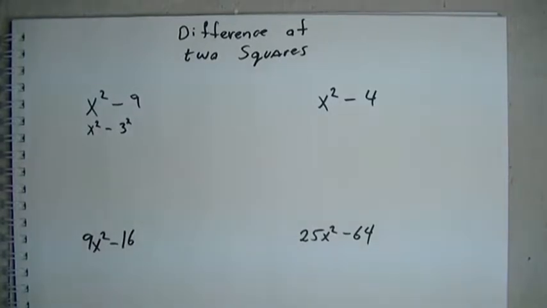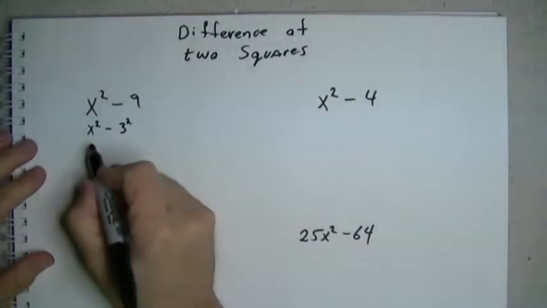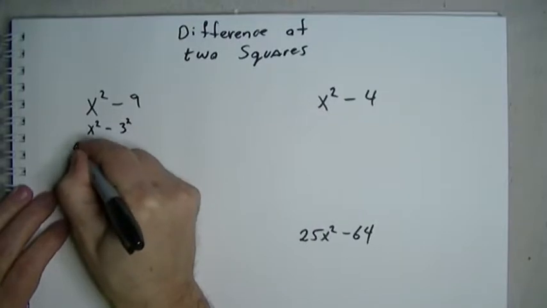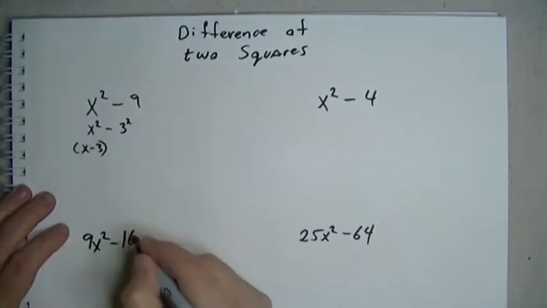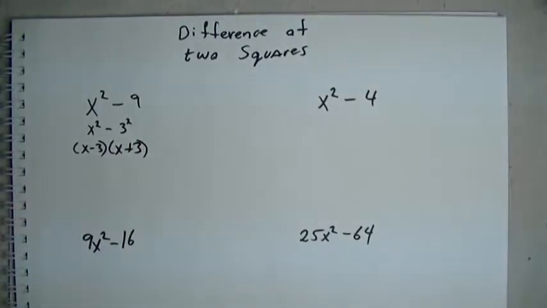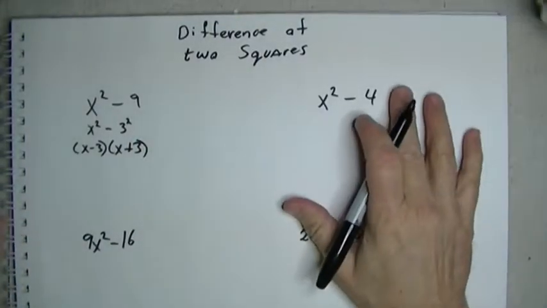So this is the difference of two things that are perfect squares. Whenever you recognize that you've got one of these, it factors just like this. You just take the square root of both of these, and you write down x minus 3 and x plus 3, and that's all there is to it.